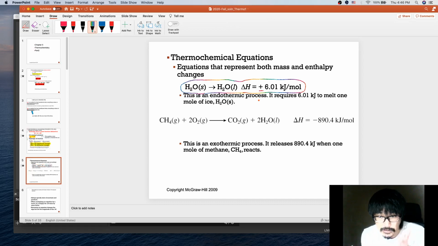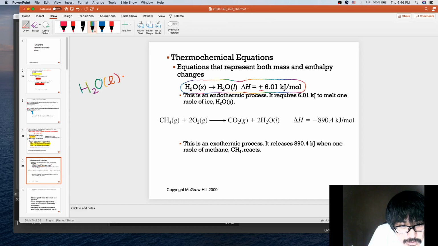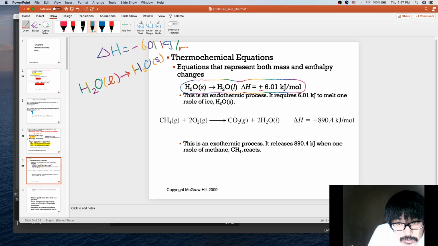If the solid ice becomes liquid, it absorbs heat. And in the other direction, let me write out the entire process now: H2O liquid going into H2O solid. This process, delta H, is negative 6.01 kilojoule per mole.